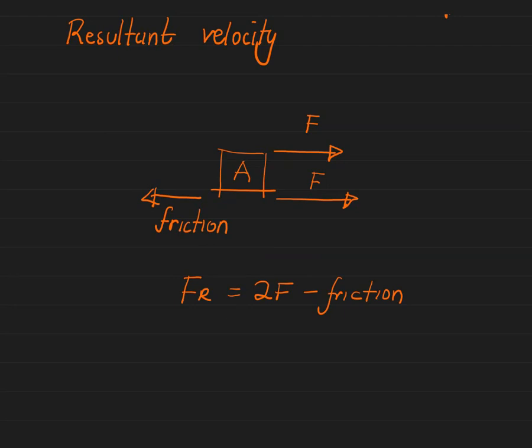Now, as convention, we always take all the forces or vectors going in the right direction to be positive, and all the forces or vectors going to the left as negative. All right, so that's just the convention.